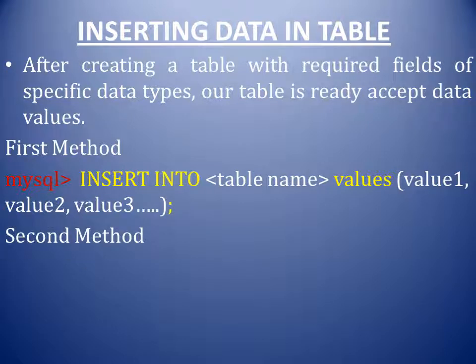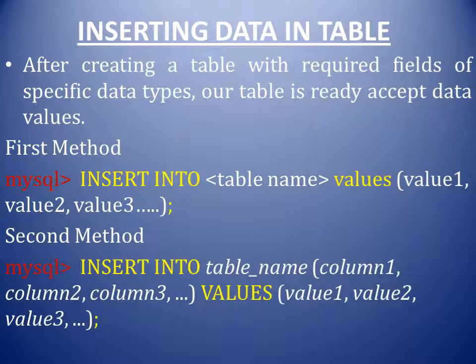That is, if we have to enter data in all the columns, there is no need to write the column names. Simply values are to be entered. But if we want to enter data in some specific columns, then we have to use the second method where we mention the column names as well as values. To understand this, let's see an example on the next screen.